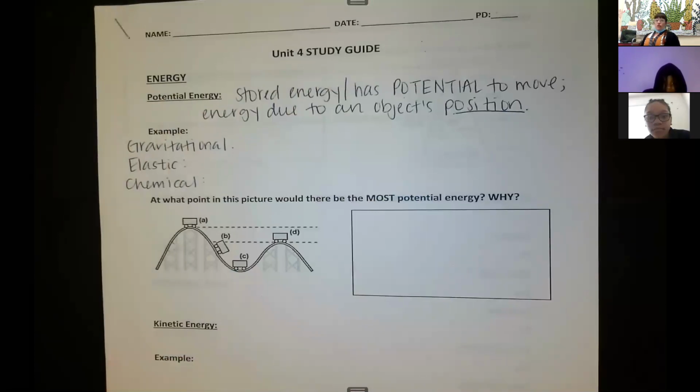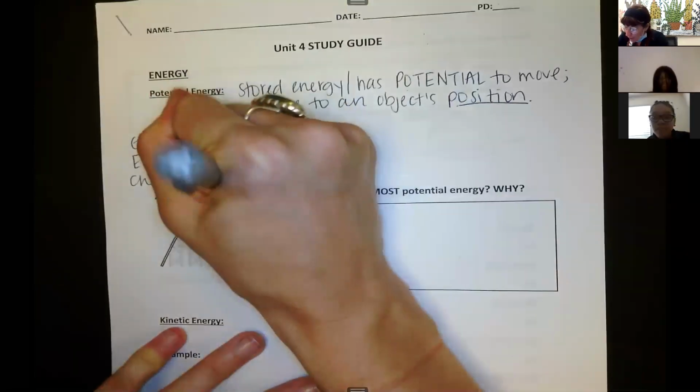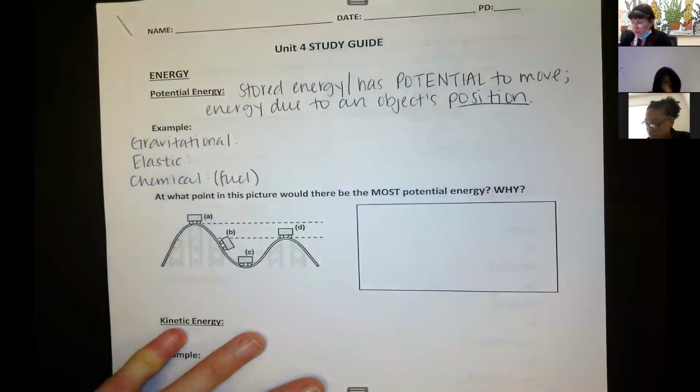All right. Chemical potential energy. Give me some examples. This is any type of what? Begins with an F and ends with a U. Fuel! This is any type of fuel, chemical.